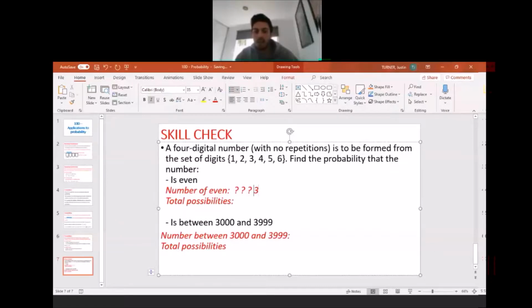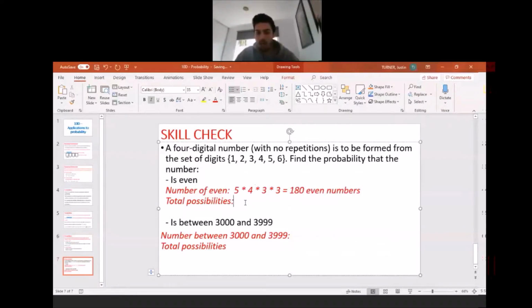If you go back and choose the first digit, there are 5 other options, then 4 options for the second digit, and 3 options for the last digit. We multiply those together: 5 times 4 times 3 times 3 gives 180 possible even numbers.